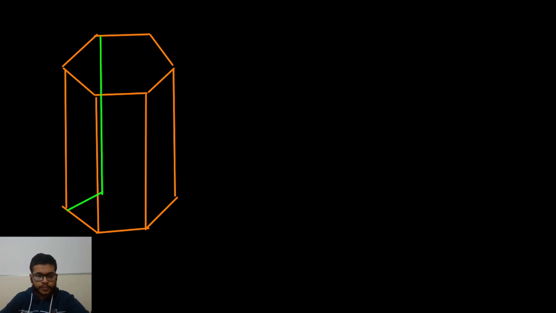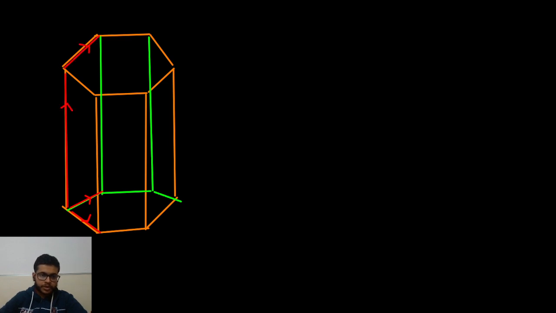Okay. So the final primitive unit cell is the HCP, or the hexagonal close pack system. If we look at the primitive lattice vectors, they are this, this, and this.